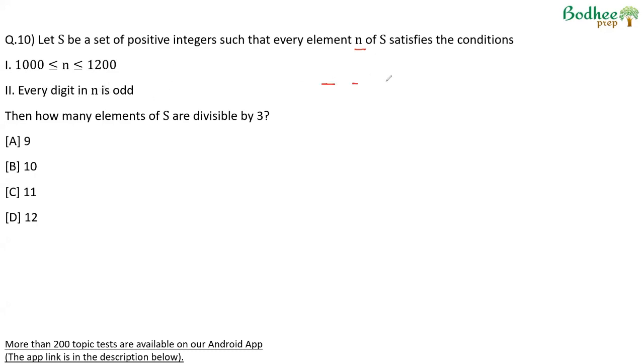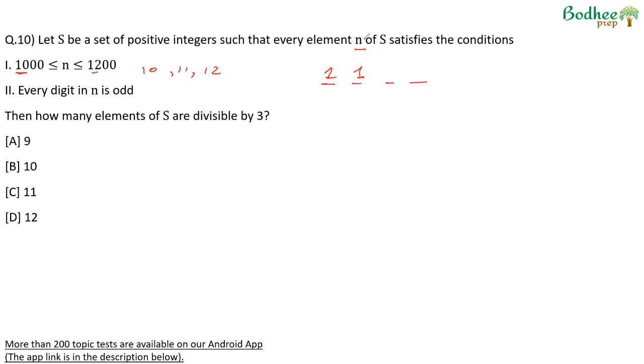Okay, so if we look at n, obviously the first digit will be 1, and the first two digits of n could be either 10, 11, or 12. Every digit of n is odd, therefore the only possibility is that the second digit is also 1. So all the numbers that we are looking at for n are in the range of 1100s. How many elements of S are divisible by 3?